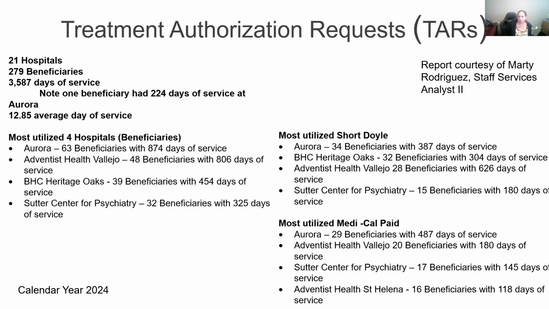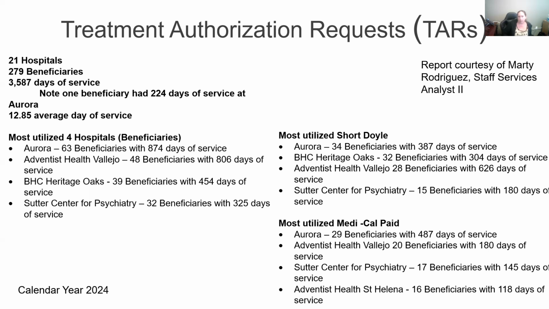But moving into TARS, this is from a report that Marty generated out of Kepro's system. Kepro is our third party that handles treatment authorization requests for us. We've approved payments to 21 hospitals and 279 beneficiaries for almost 3,600 days of services for the calendar year 2024.